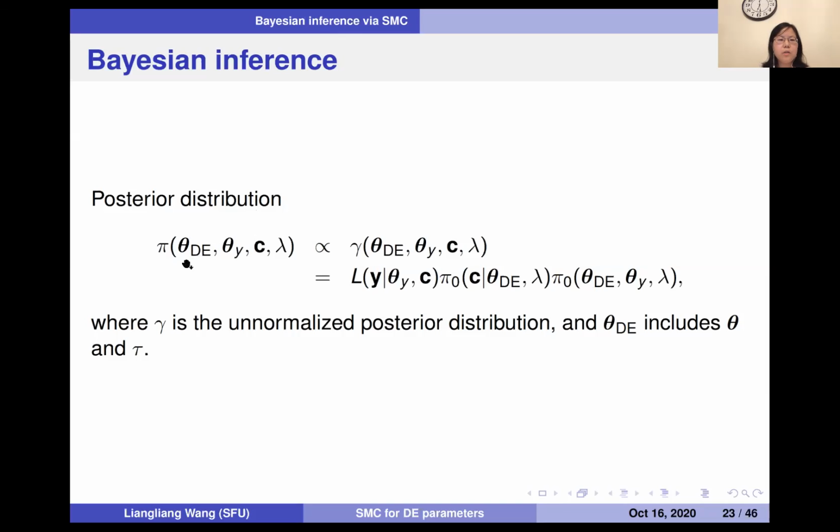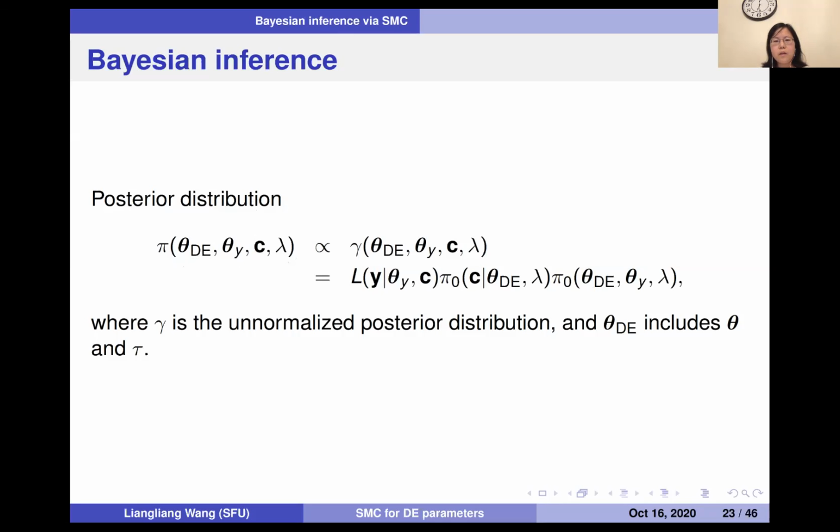Here I'm using theta sub DE to denote both the parameter theta and the delay parameter tau in the DDE, and using theta sub Y to denote the parameters in the likelihood function. C is the coefficients of the basis functions, and lambda is the smoothing parameter.